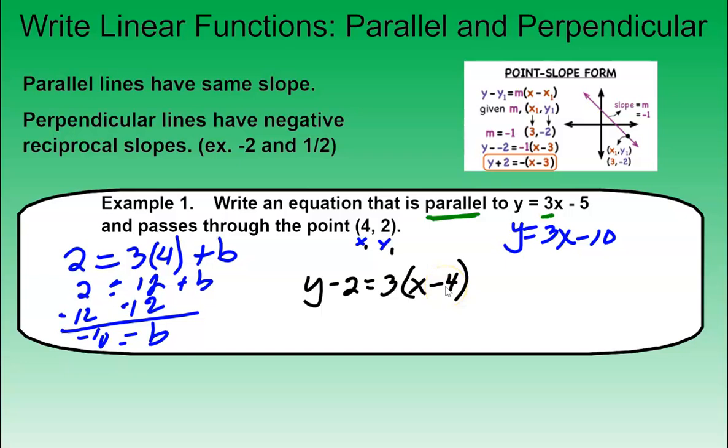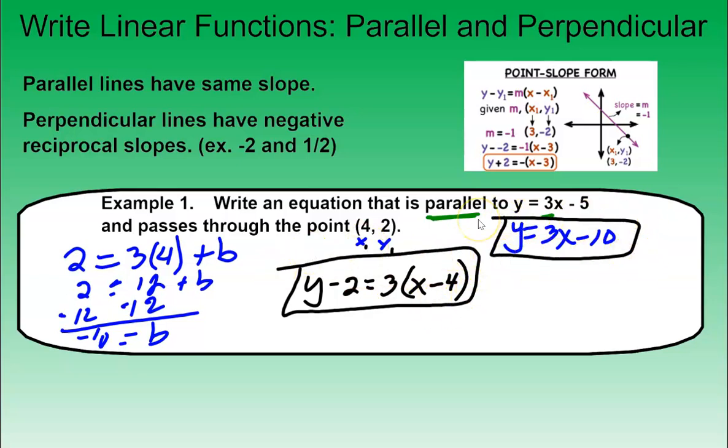And this would be our equation in point-slope form, or you can use it in slope-intercept form. If I were to distribute the 3, there's my 3x, there's my 3 times -4 is -12. Add 2 to both sides, and I get y equals 3x minus 10.